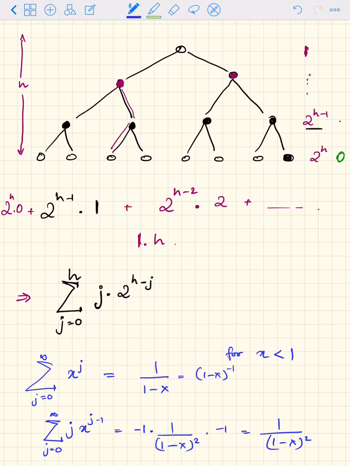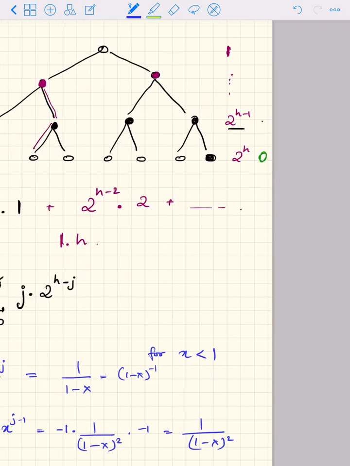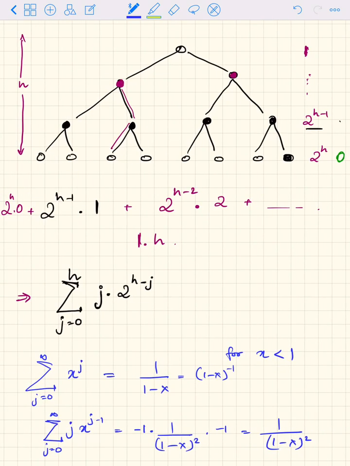Now what we can do here is multiply both sides by x. So what do we get? In this case, we are going to get summation of j equal to 0 through infinity j x to the power j is equal to x over 1 minus x squared. Now let's put x equal to half, which if you remember is less than 1.